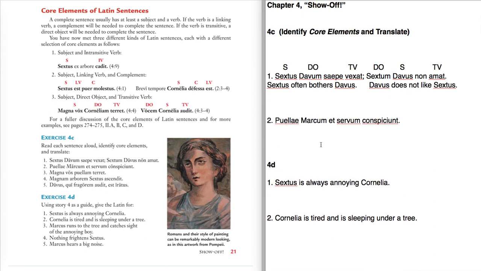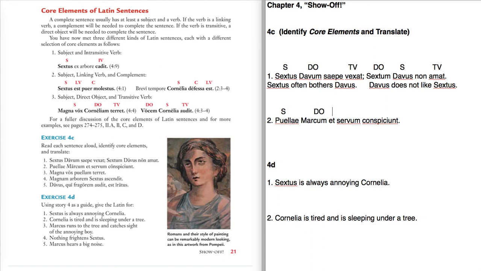Number two, I'm going to leave a little more room here actually. This sentence says, the girls, that's a plural subject, catch sight of, or spot, or see, Marcus and a slave, or Marcus and the slave. So here we have a plural subject ending, and we know that they're also the subject because this is plural and this verb is plural. These are singular direct objects, so let's get those put in.